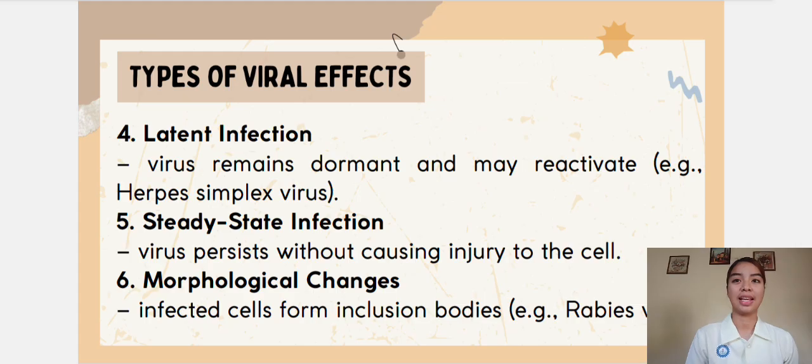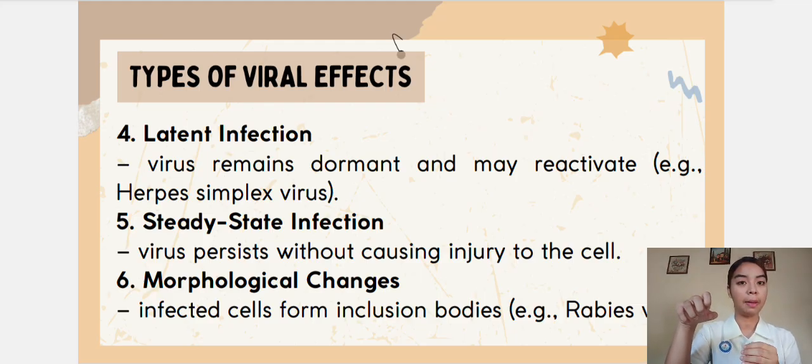Let's move on to the next slides to know the other types of viral effects. Here are the latent effects. The virus remains dormant and may reactivate. A given example is herpes simplex virus. This kind of virus hides in the cell.